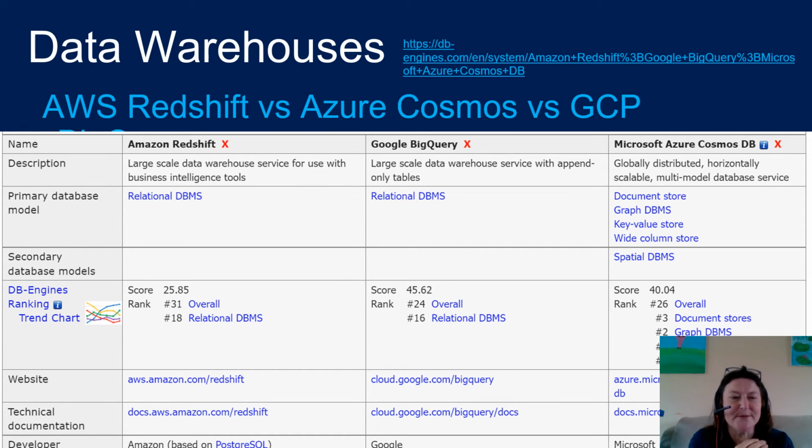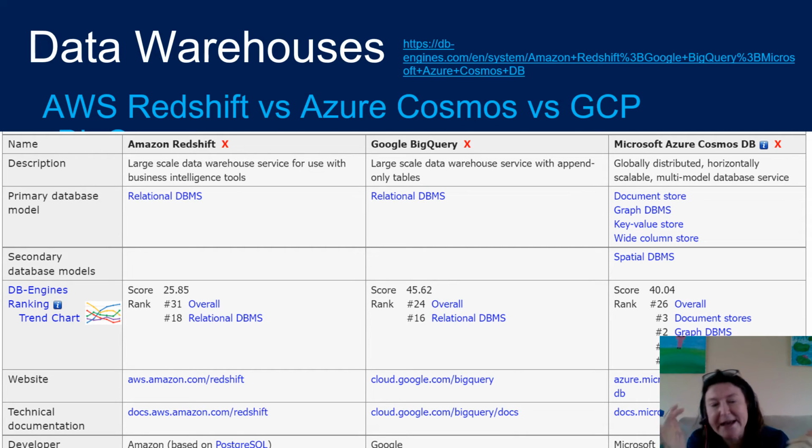So Redshift also comes with some business intelligence tools. It now comes with Spectrum, which is really a way of looking at your data lake as though your data lake was within Redshift as a table. So that's a really useful new addition to Redshift, and it makes it into a data lake house, which basically means a data warehouse that can access the data lake. So that's a new thing for Redshift.